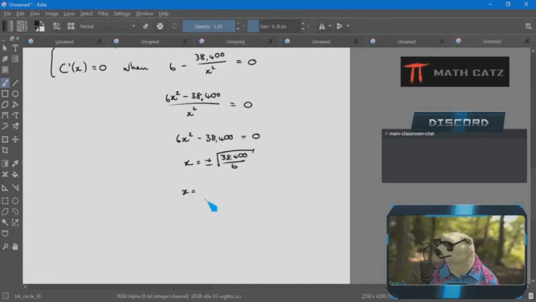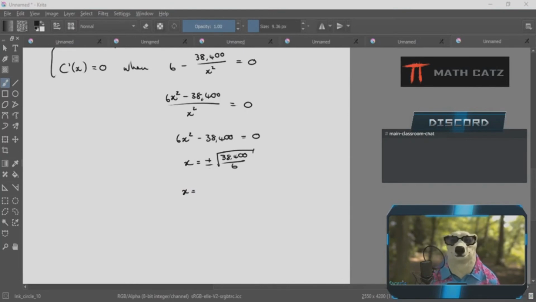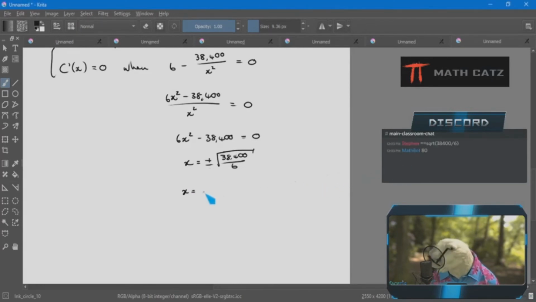So x is going to be, let's see, what is the square root of 38,400 divided by 6? Oh, that's nice, 80. Or, I'll just emphasize here, negative 80, and this one is not applicable. So we get this guy, and he's really the only one.